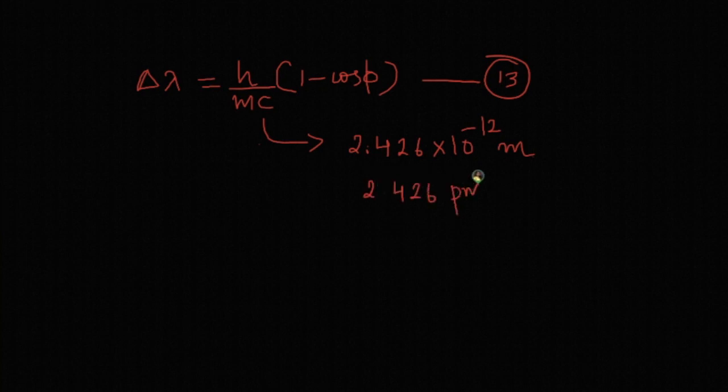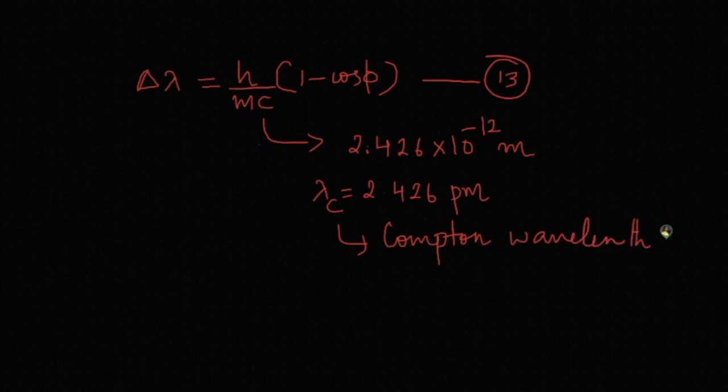Picometer stands for 1 into 10 raised to minus 12 meter. This constant we call lambda c, which is known as the Compton wavelength, and that is a constant. So finally, we may write delta lambda to be lambda c into 1 minus cos phi, equation number 14.